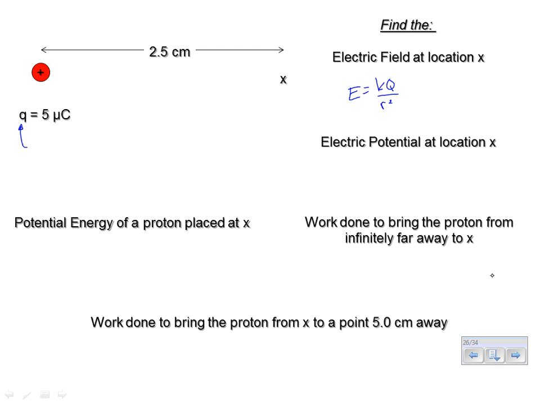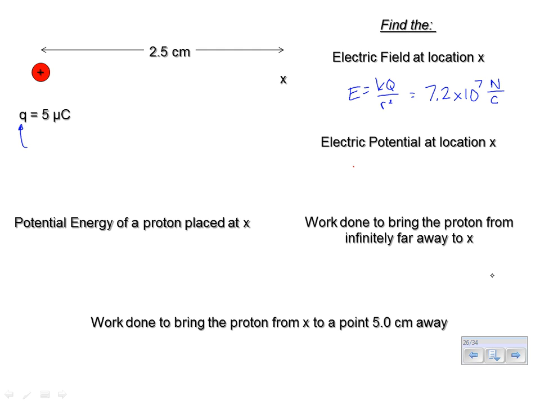So, let's see, 9 times 10 to the 9th times 5 times 10 to the negative 6th, divided by 0.025 squared. I get 7.2 times 10 to the 7th newtons per coulomb. Nothing bad there, right? Good. Now, potential.